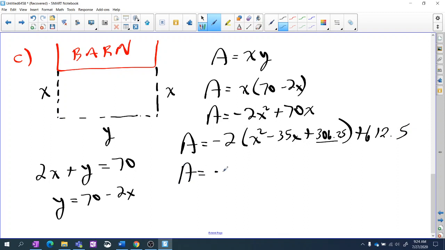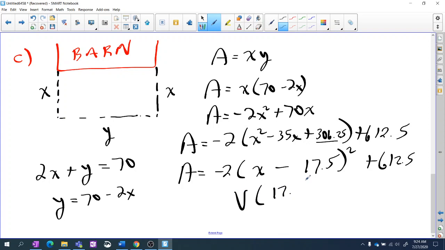Area equals negative 2, square root of the first, sign from the middle, square root of this one, all squared, plus 612.5. Vertex is at 17 and a half, 612.5.